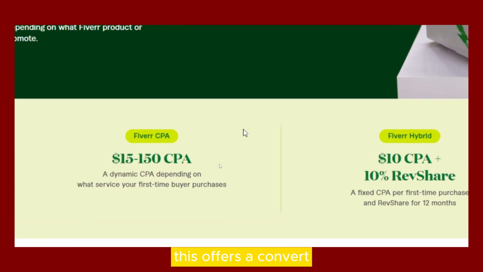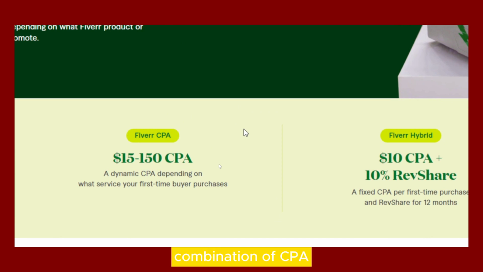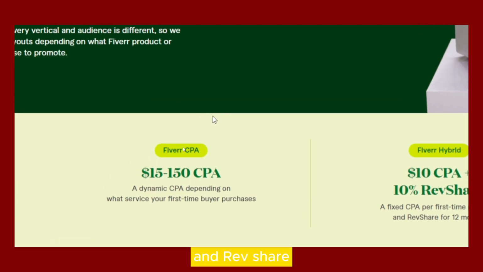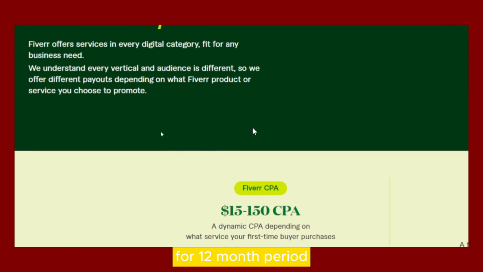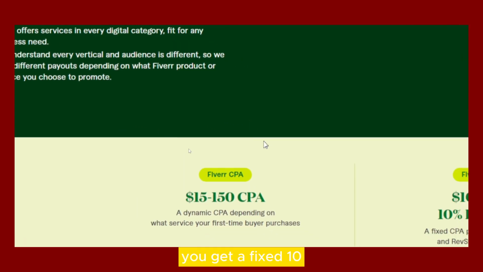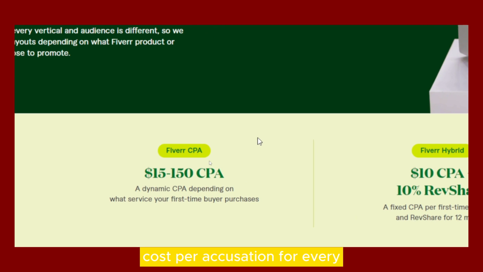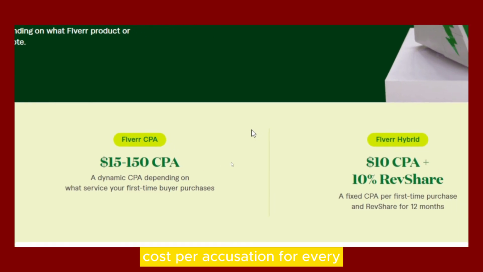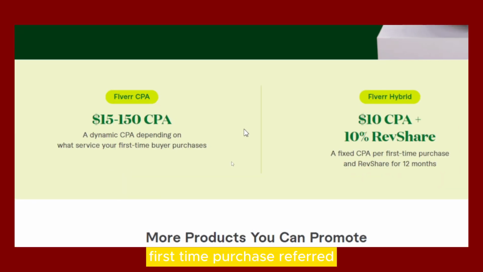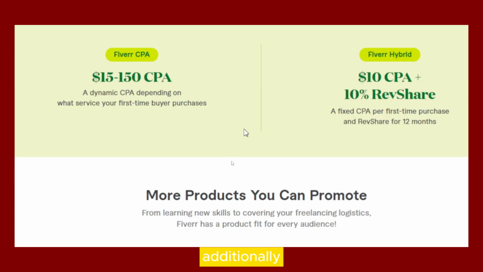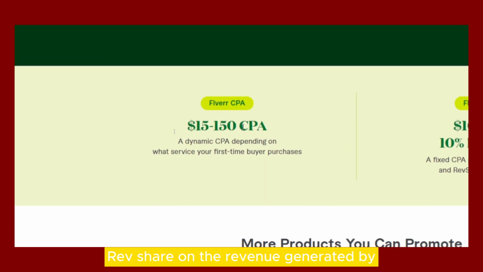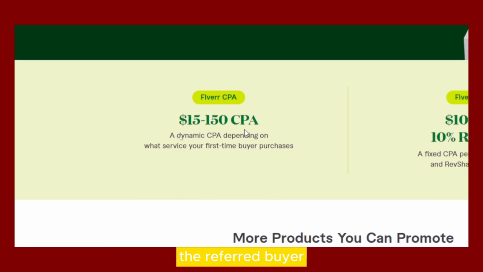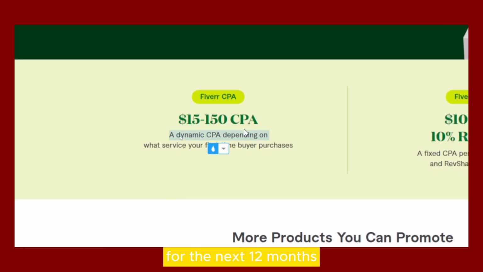Fiverr Hybrid offers a combination of CPA and revenue share for a 12-month period. You get a fixed $10 CPA, cost per acquisition, for every first-time purchase referred. Additionally, you earn a 10% rev share on the revenue generated by the referred buyer for the next 12 months.